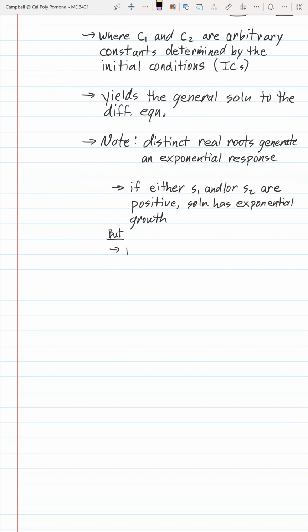Now, if, on the other hand, both S1 and S2 are negative, so this is a stricter requirement, the solution will exhibit exponential decay.